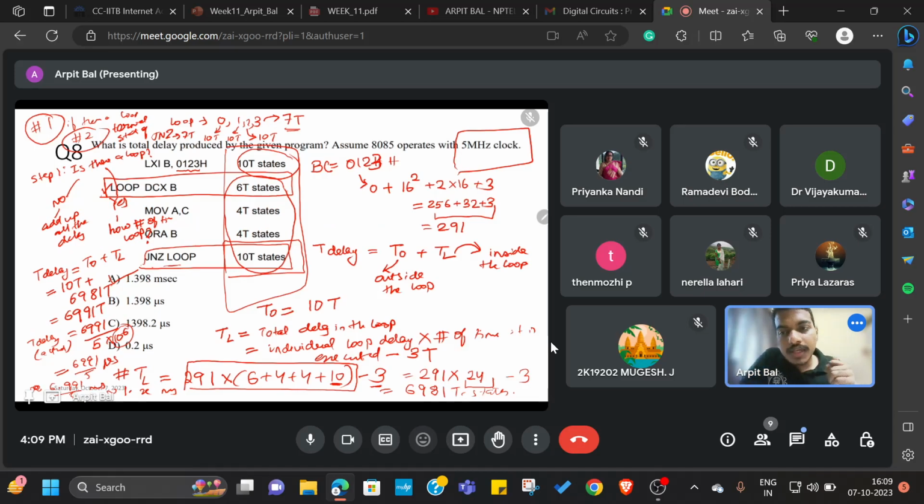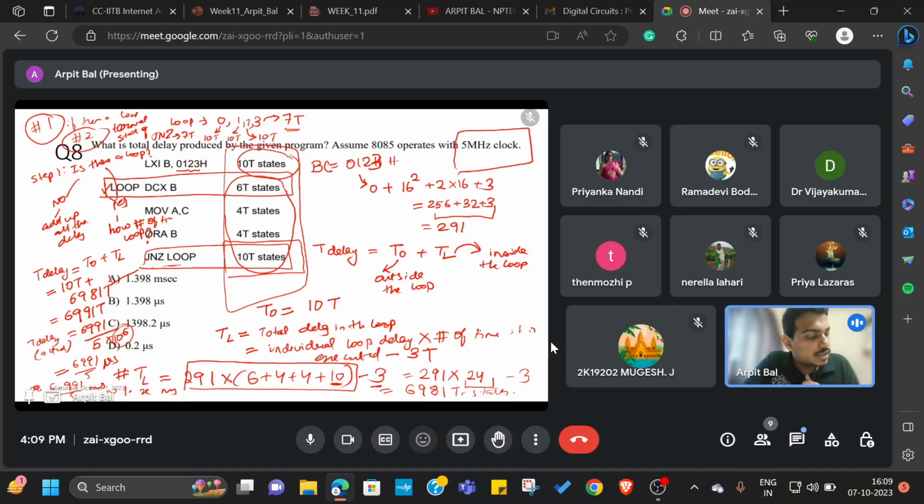Okay, next question was related to calculating the total loop delay that is produced by this given program. Here we first calculate the loop delay outside the loop. Next, we figure out the total loop delay inside the loop. For that, we need to figure out how many times the loop is going to be executed, right?